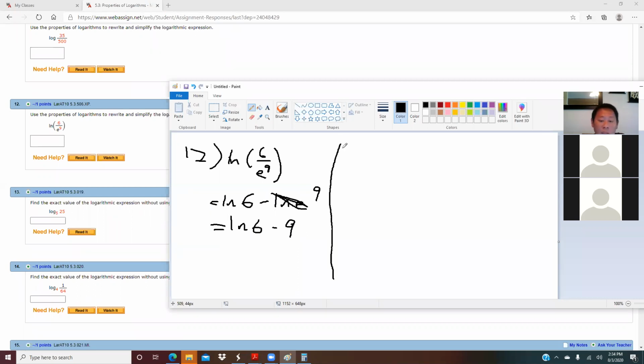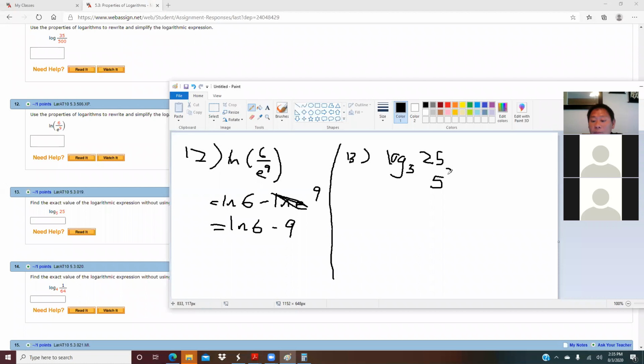Let's do 13. Log base 5 of 25. Now, in order for us to do this, you want to make this the same base. Can someone tell me 25 is 5 to the power of what? Anyone know, 25 is 5 to the power of 2?